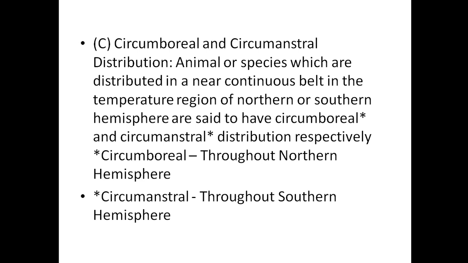In this circumboreal, you can see throughout the northern hemisphere, whereas circumaustral throughout the southern hemisphere. In the sense, these are the two regions that should contain the same type of species, but not so.